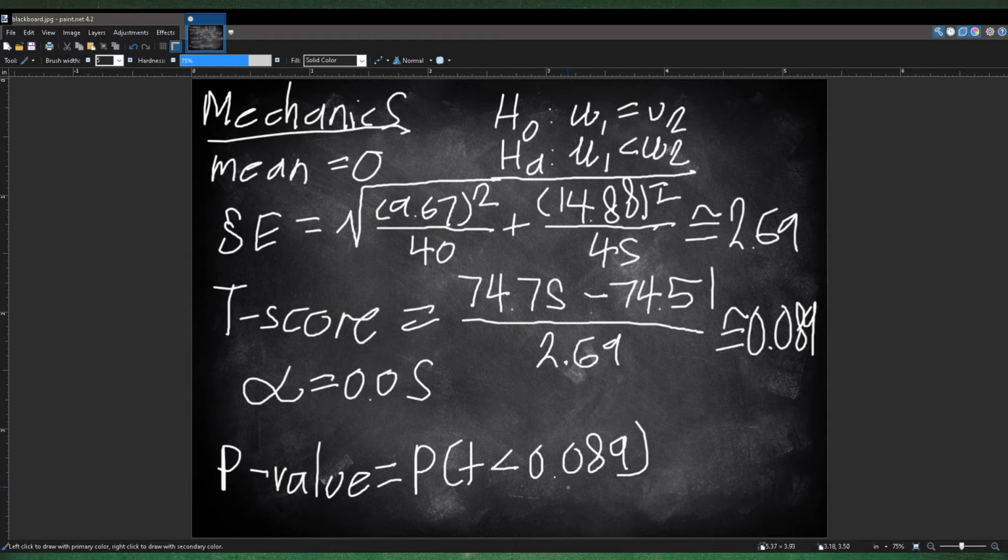So the mean of 1 is 74.75. The standard deviation of 1 is 9.67. Remember, it's right here. And our sample size of 1 is 40. Our mean of sample 2 is 74.51. And our standard deviation of 2 is 14.88, right? Right here.